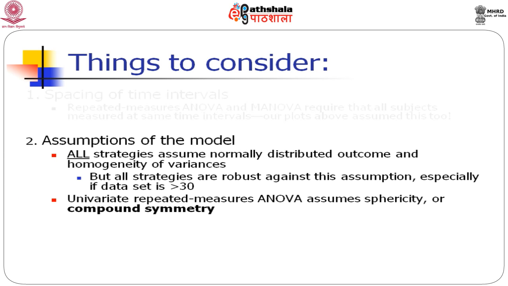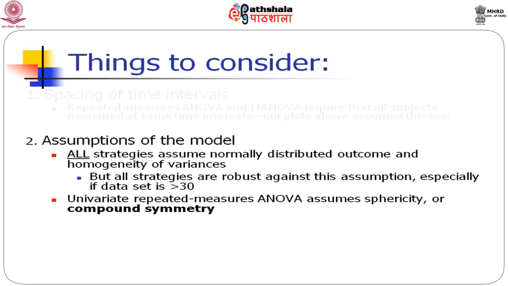All right, then the second assumption: for ANOVA or ANCOVA that we are going to use, we need to assume all these outcomes are normally distributed and they have the common variance. So homogeneity of variances is a very basic assumption in ANOVA or MANOVA.